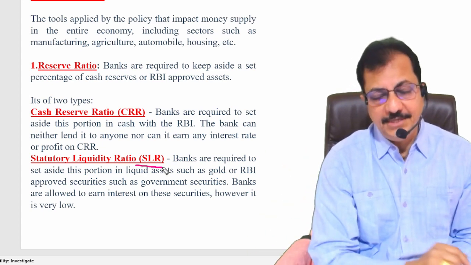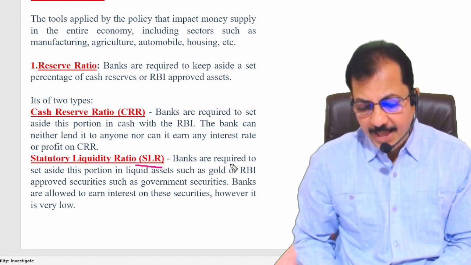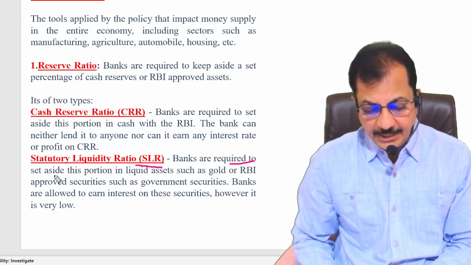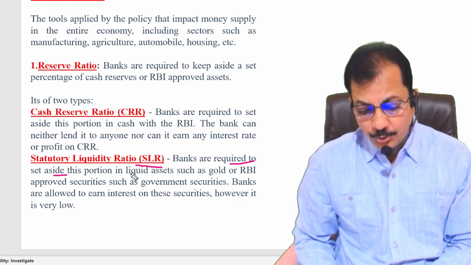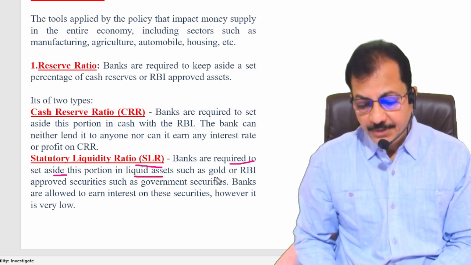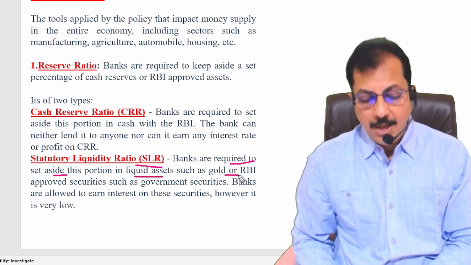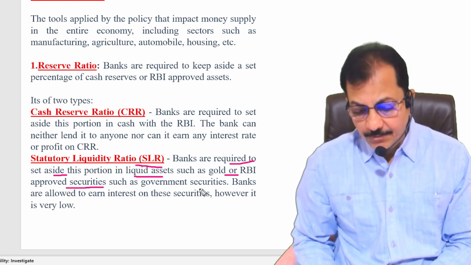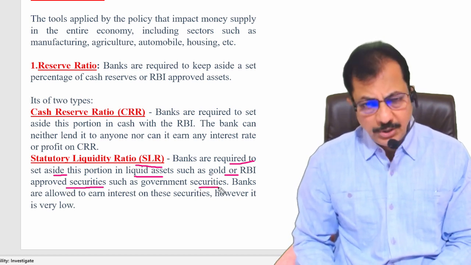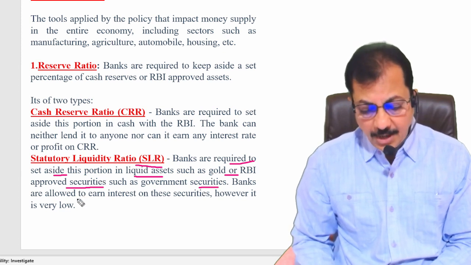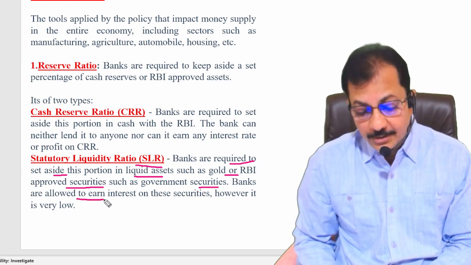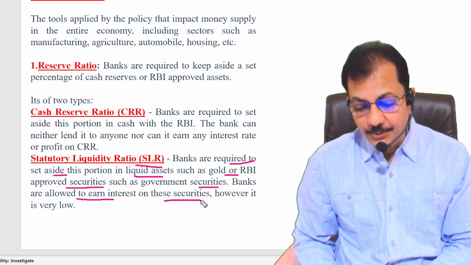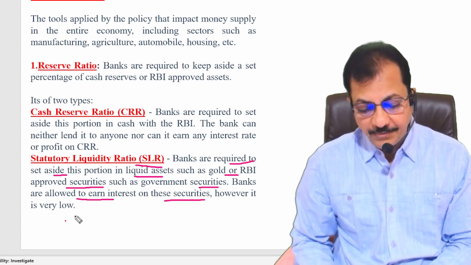CRR 4.5% is deposited. After that, again 18% you have to deposit. But what is the difference here? Look at this. Banks are required to set aside this portion in liquid assets such as gold or RBI approved securities, such as government securities. You understood this? Banks are allowed to earn interest on these securities. However, it is very, very low.